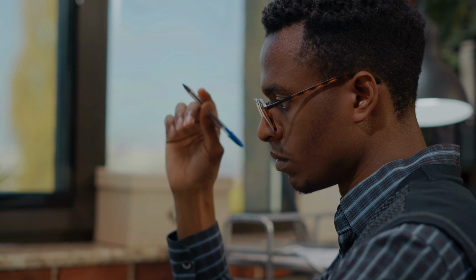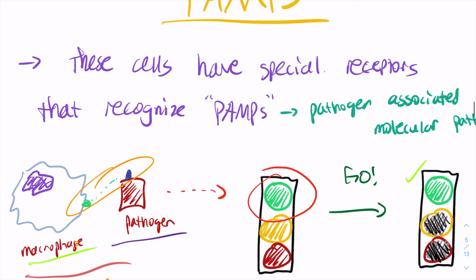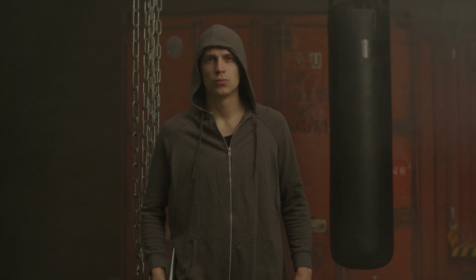In this case, our immune cell comes in contact with the pathogen, and it turns on the immune response. This is going to be an innate immune response. It's not going to have any memory of the pathogen. It's not going to be extremely specific, but it does deal with general threats.